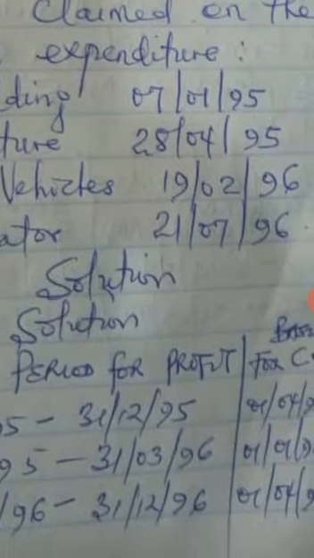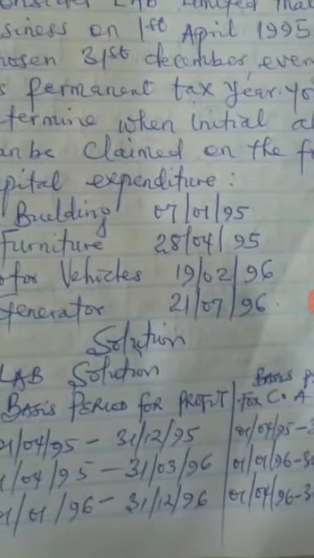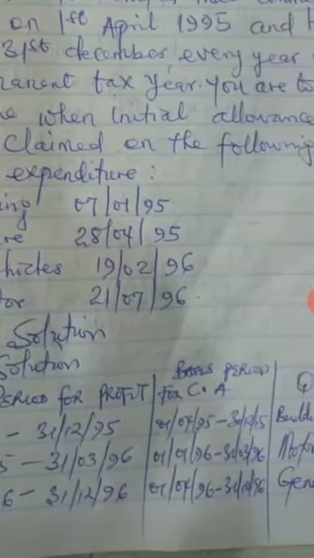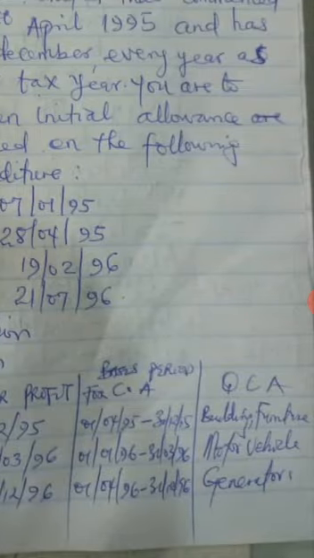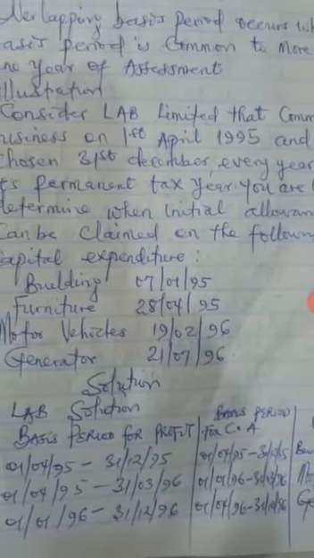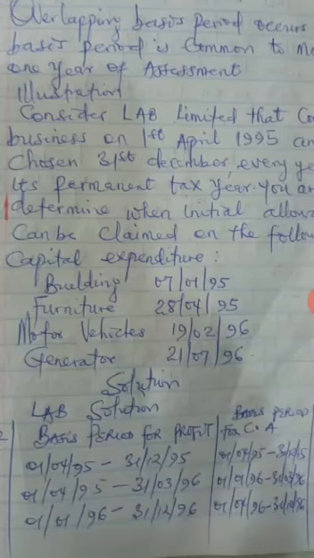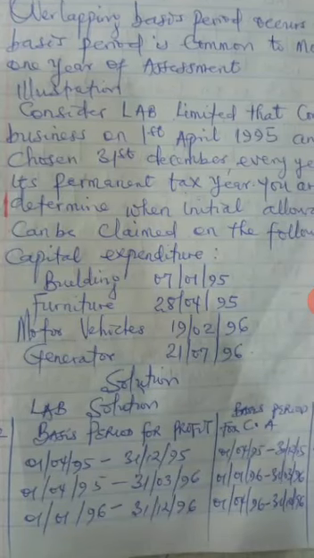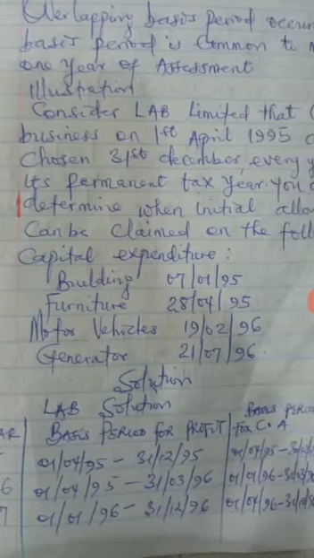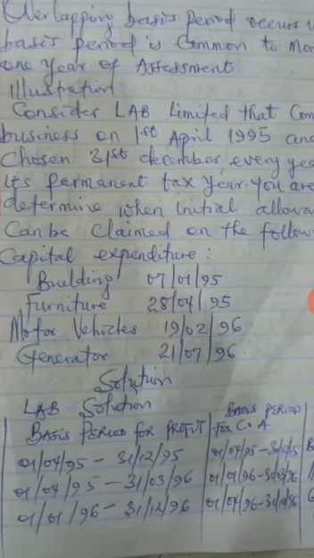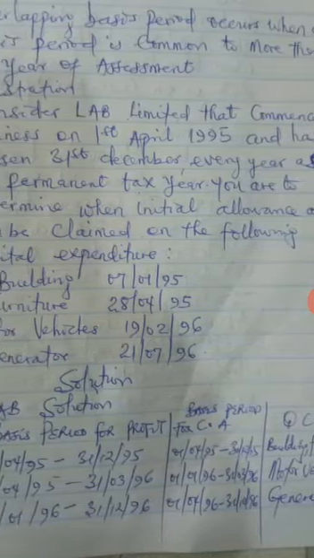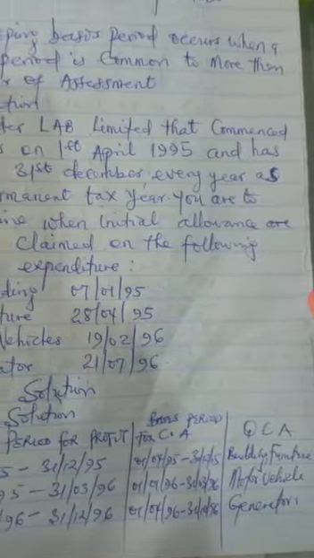Therefore 19th February for vehicles falls in between this range. That's why you are seeing motor vehicle there. Then for the generator set, which was bought 21st of July 98, looking at this place, the basis period, definitely you will see that it falls within that same region. So we are having our generator set.